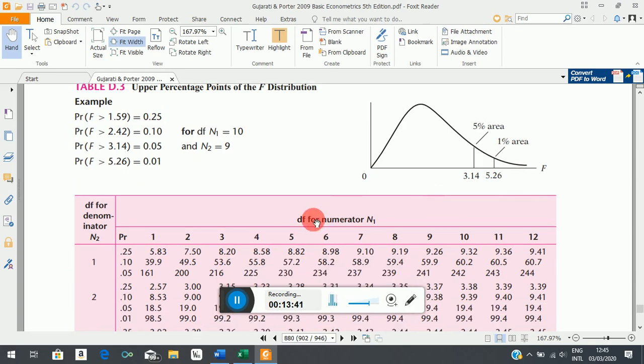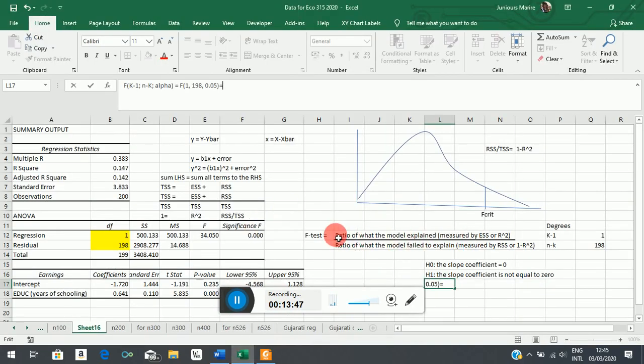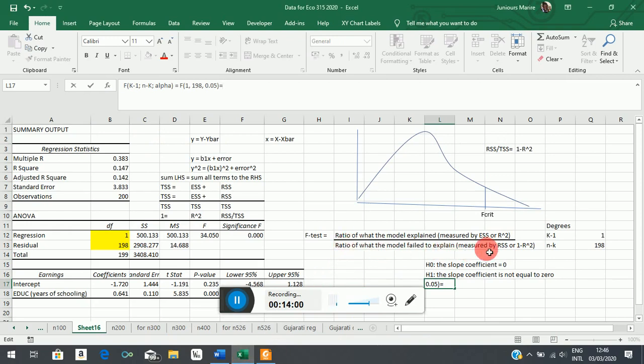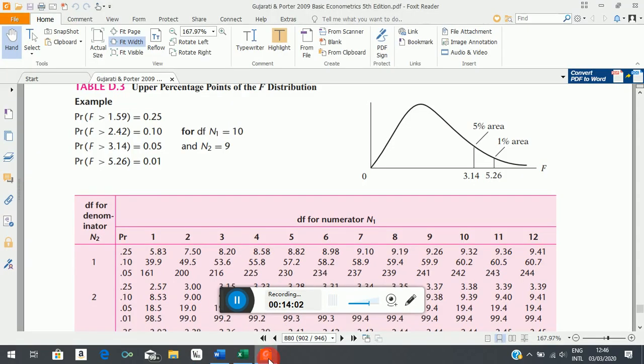So now what you will see is that it has the numerator degrees of freedom, which from what we were doing relates to what the model managed to explain, and it has denominator degrees of freedom, which you read in this direction. These relate to what the model failed to explain.